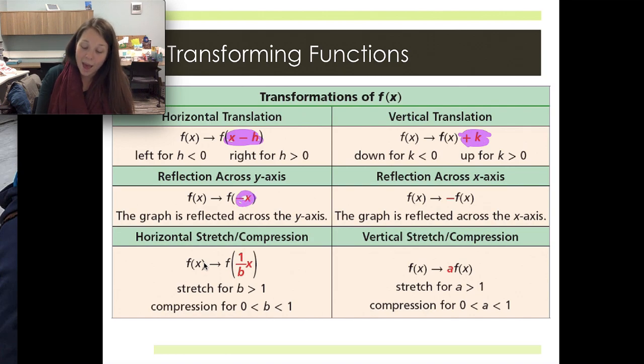Reflection across the y-axis replaces the x variable with a -x. Reflection across the x-axis multiplies the original function by -1. Horizontal stretch or compression replaces the original x variable with whatever that transformation is, and a vertical stretch or compression multiplies the entire original function by that value.